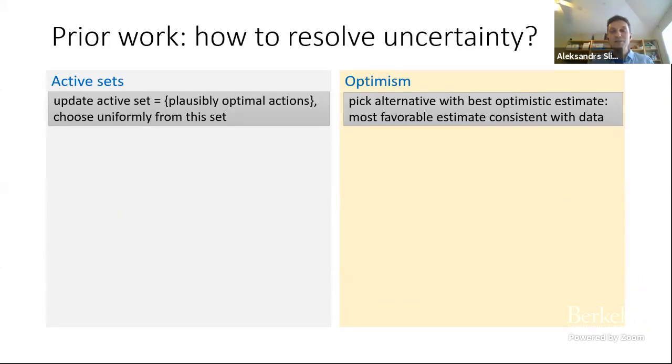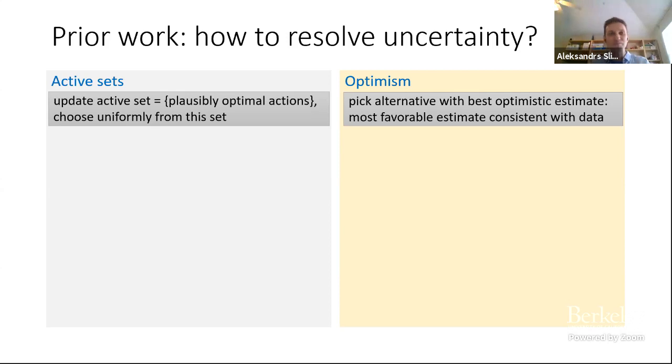Okay, let me talk about two specific ideas from prior work that are very relevant to this project. They are two standard, well-known ways to resolve uncertainty. One is active sets, and another is optimism. Active sets is basically we look at the data, we compile the set of actions that could still plausibly be optimal given the current data.